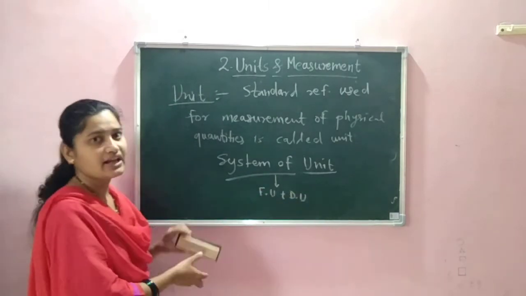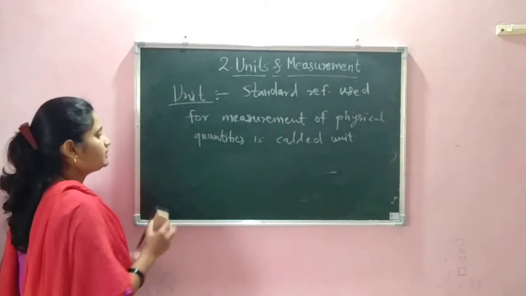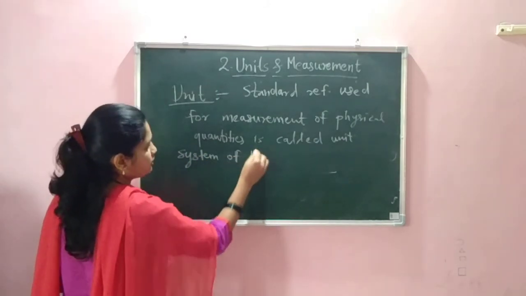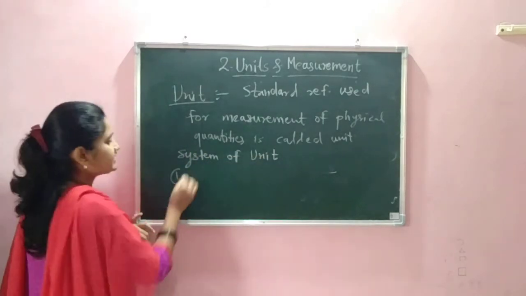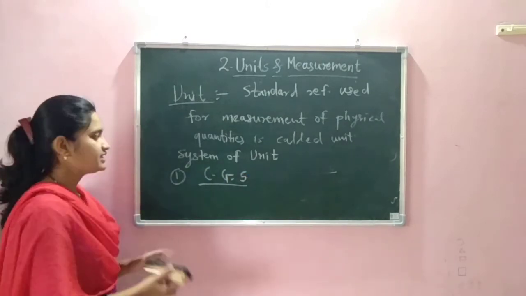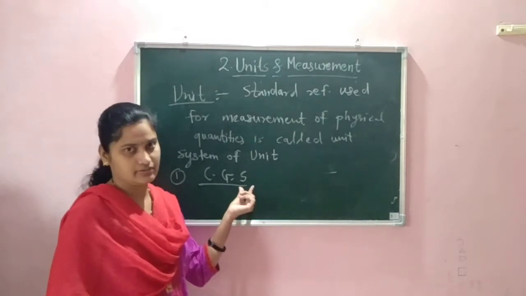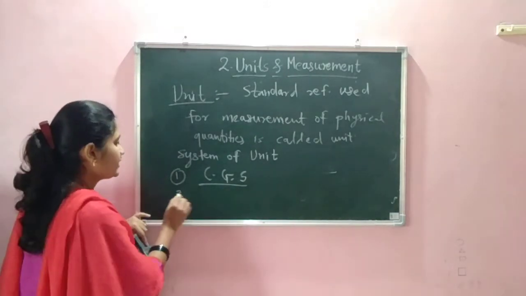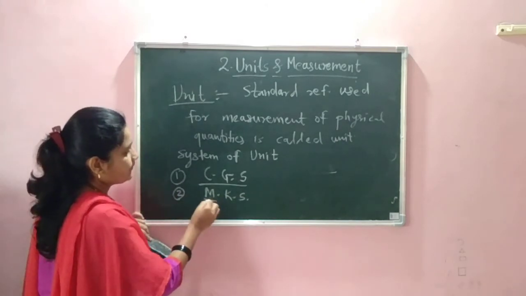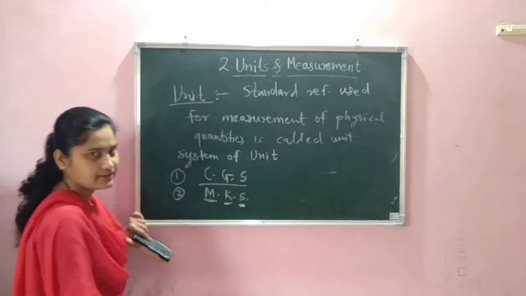Here are some systems of units. The first is CGS: C stands for centimeter, G for gram, and S for second. Next is MKS: M stands for meter, K for kilogram, and S for second.